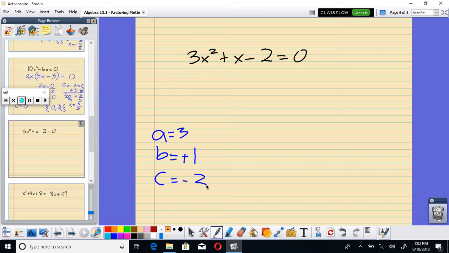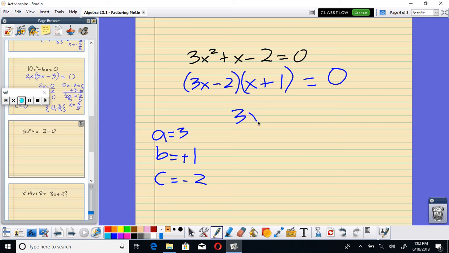If we solve with factoring, the first type of factoring, they have nothing in common. So we're going to go to two sets of parentheses. 3x and x. We need a negative 2 at the end. Minus 2 and plus 1. Does that give us the 1x in the middle? Okay. Let's see.